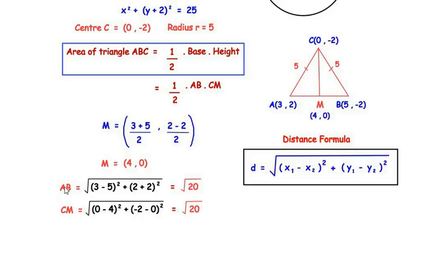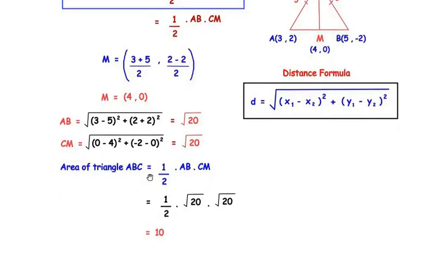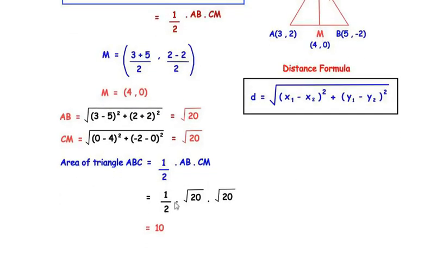Now once we have got AB and CM, let us plug in their values to get the area of triangle ABC. So here area of triangle ABC is equal to 1 over 2 times square root of 20 times square root of 20. So this is going to give us the area of triangle ABC as 10. So this is going to be our answer.